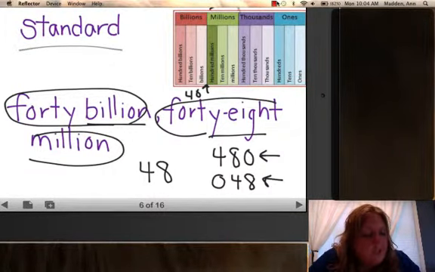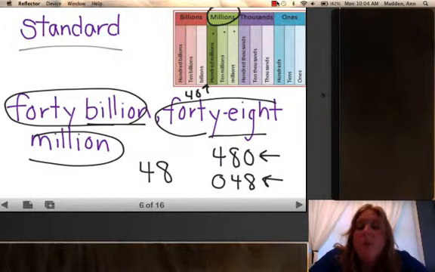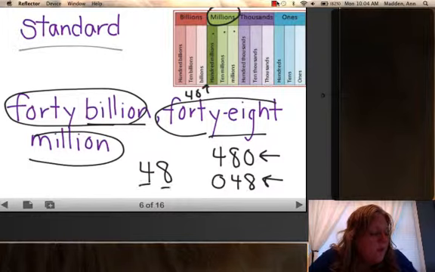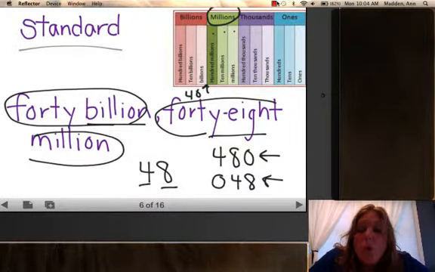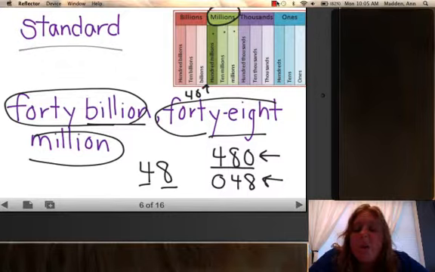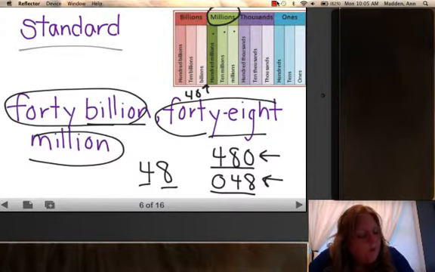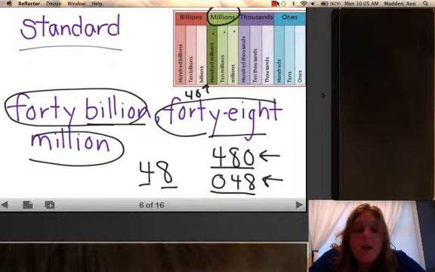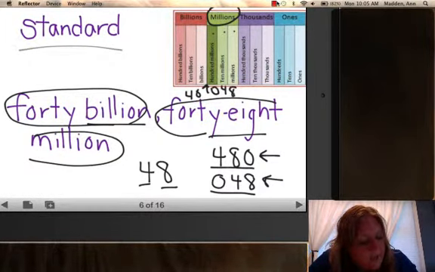Remember, in each period there has to be 3 numbers or digits is what you would call them. 48 only has 2. So I need to make 48 with a 0. That 0 holds my place value. This number written down with a 0 isn't 48 anymore, is it? It's 480. This one right here still remains 48.